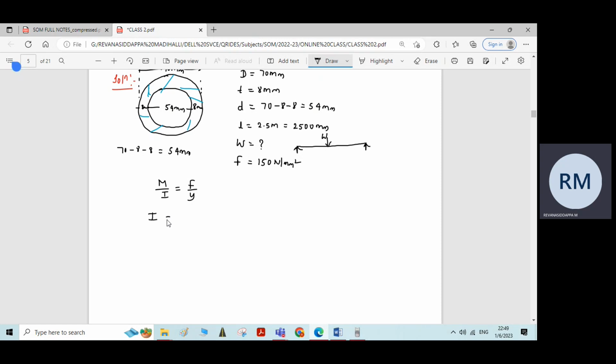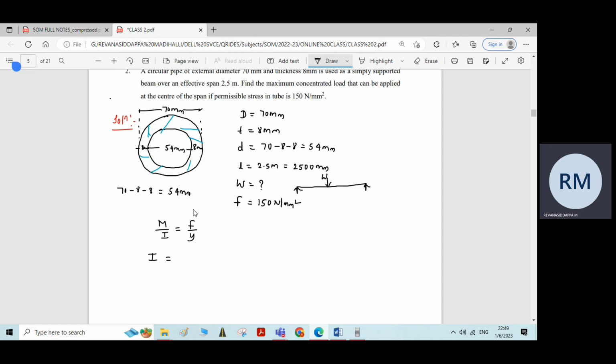I is equal to, it's a hollow circular section. Moment of inertia of the hollow circular section will be equal to moment of inertia of the outer circle minus moment of inertia of inner circle.